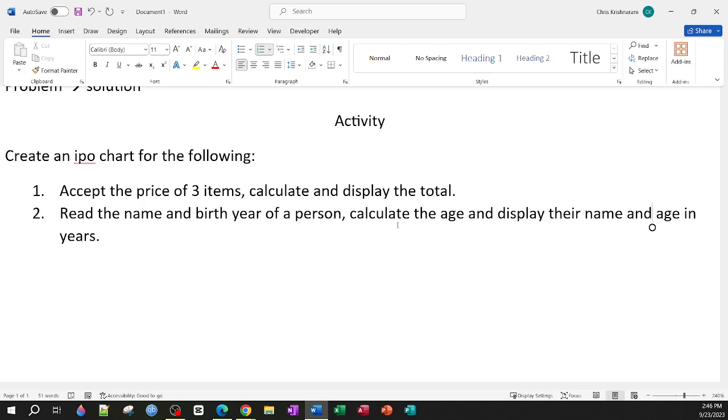Any person should be able to put in their name. Mm-hmm. The person. Good. Age. Good.